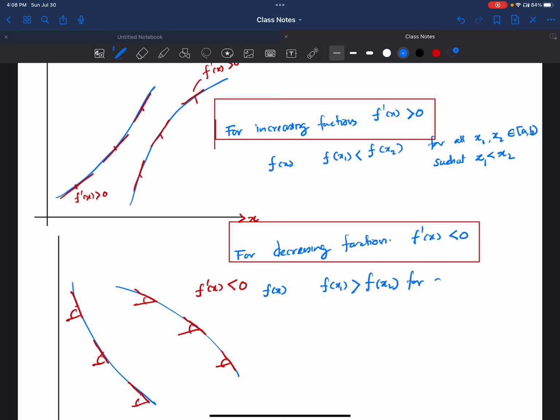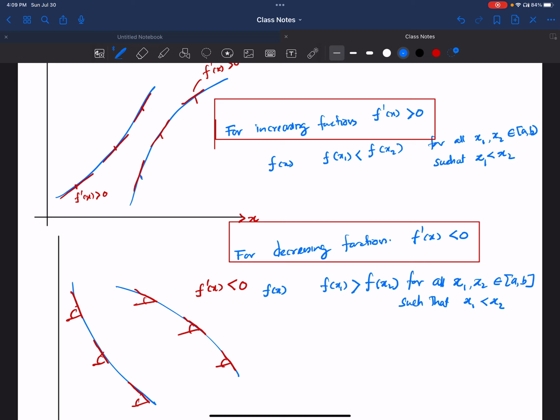for all x1, x2 in (a, b) such that x1 is less than x2. So here for an increasing function, f of x1 is smaller than f of x2.